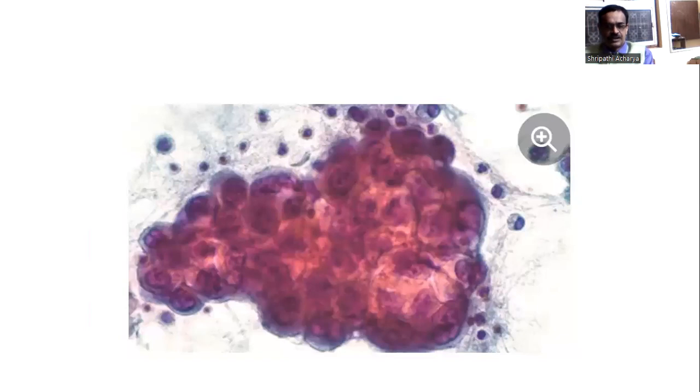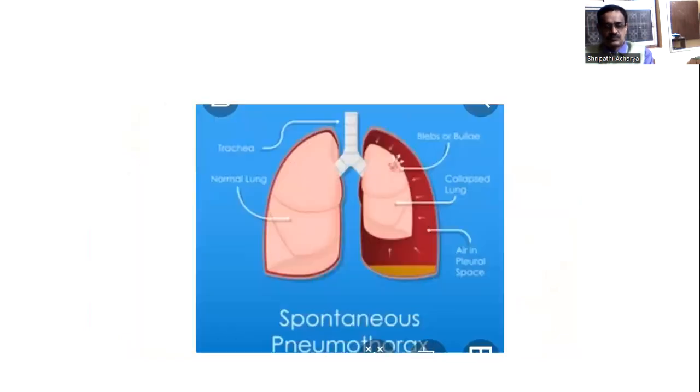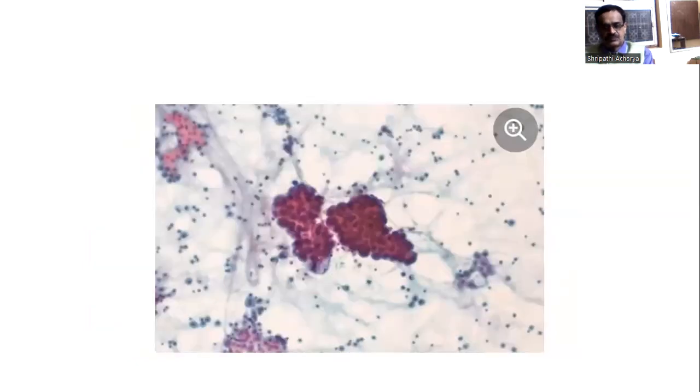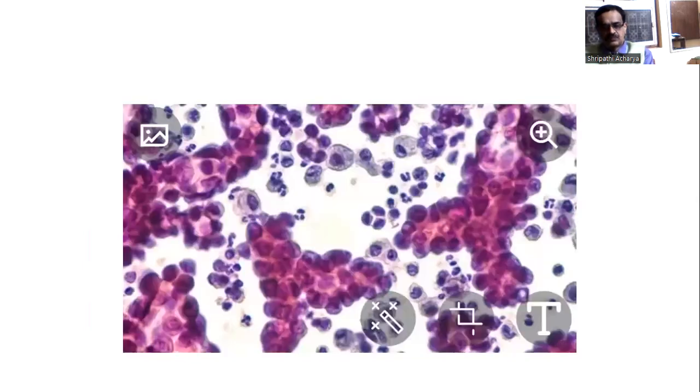You can see this patient's microscopic picture. Fluid, you can see inflammatory cells. Again, microscopic picture of the fluid, you can see lymphocytes.